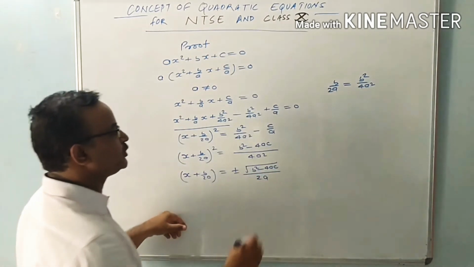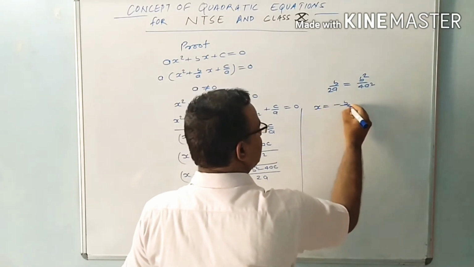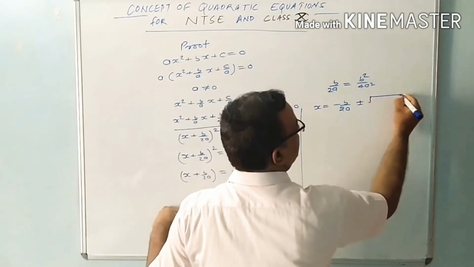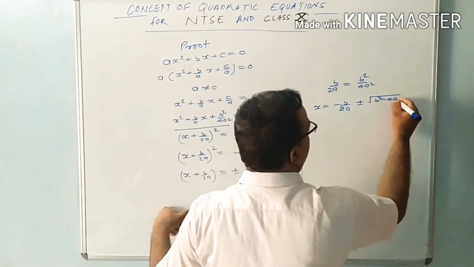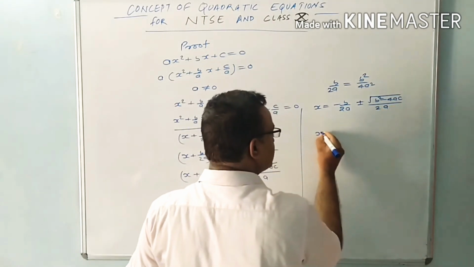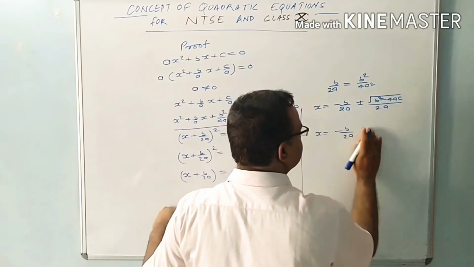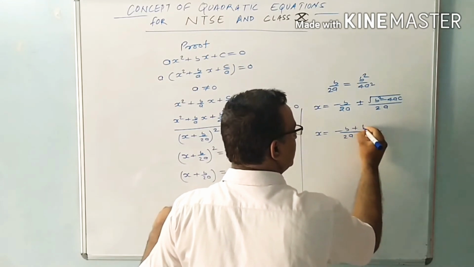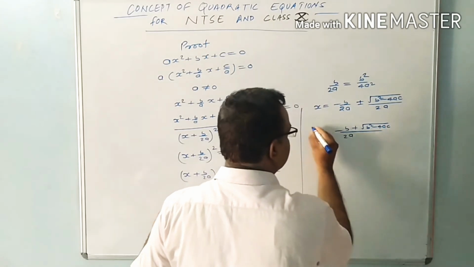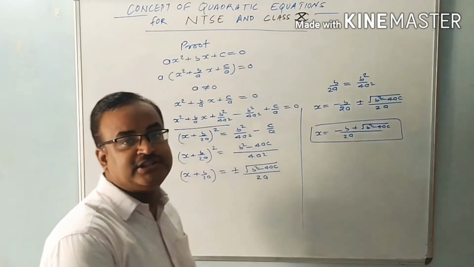Now we can write x is equal to minus b by 2a plus minus root of b square minus 4ac by 2a. So we write x is equal to minus b by 2a plus minus root b square minus 4ac by 2a. This is the quadratic formula, which is given by our Indian mathematician Sridharacharya.